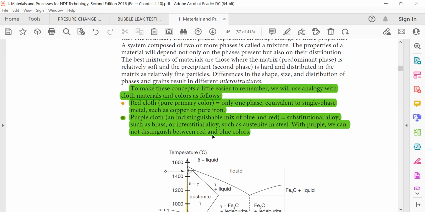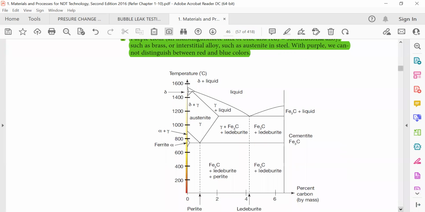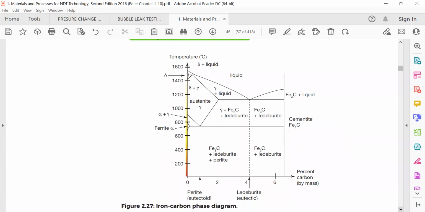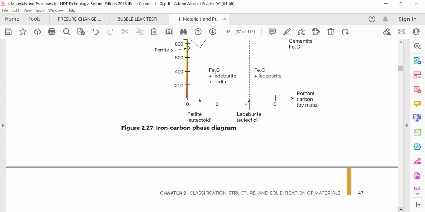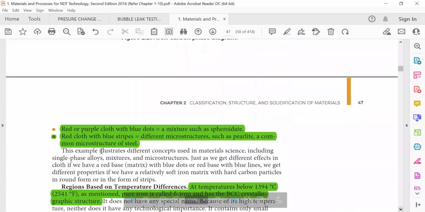With purple, we cannot distinguish between red and blue colors. Red or purple cloth with blue dots, a mixture of spheroids, and red cloth with blue stripes, different microstructures such as perlite, a common microstructure in steel.